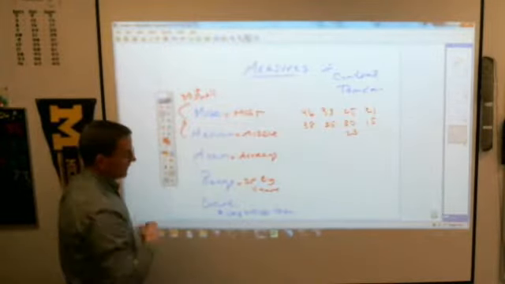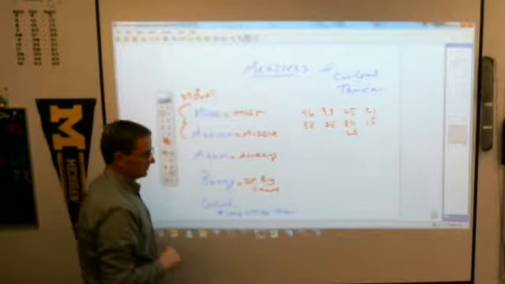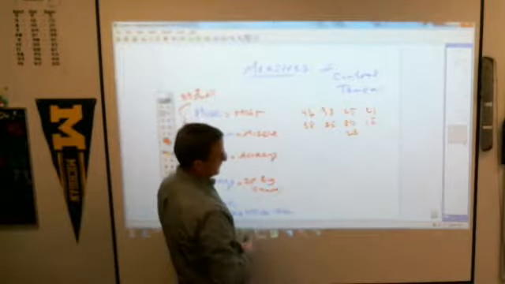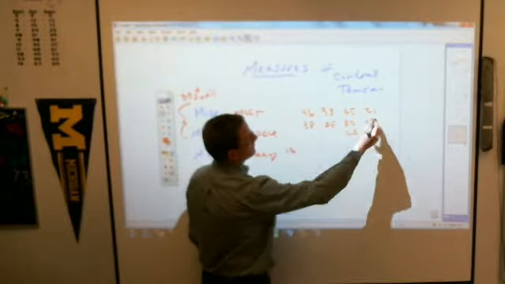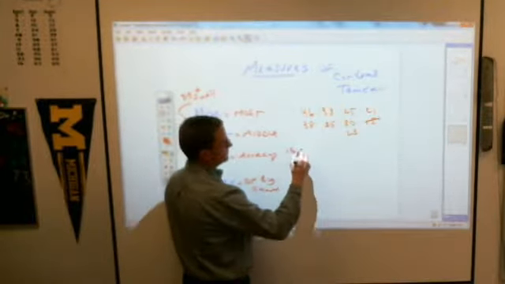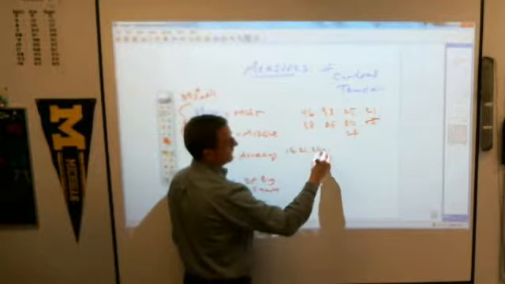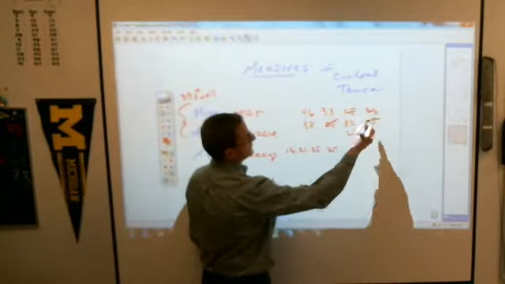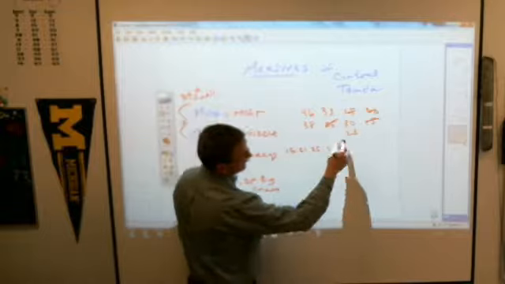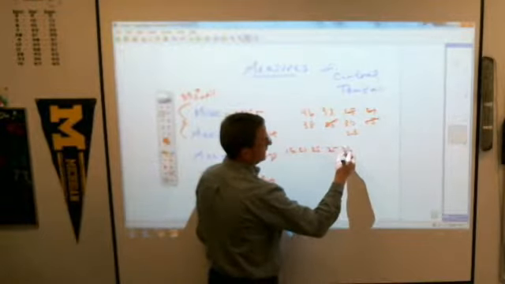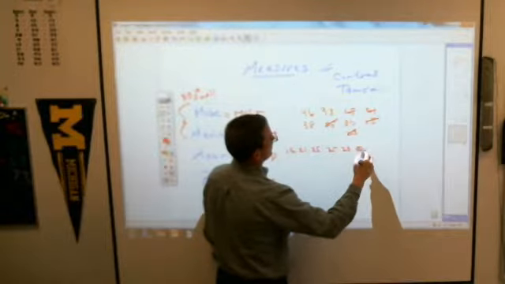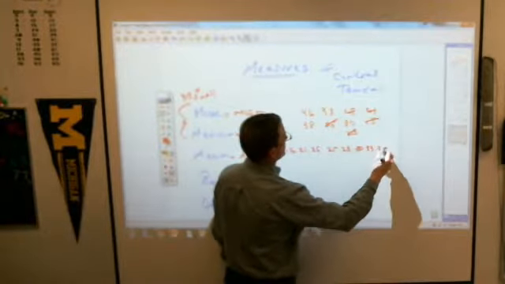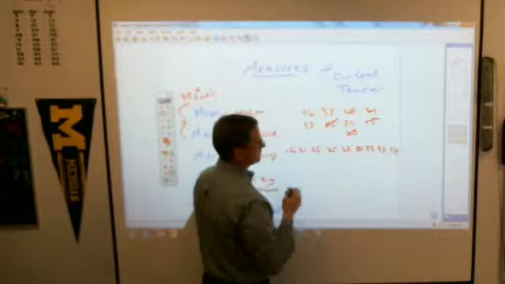You can either make a line plot or just number them out. It doesn't really matter. Here, what goes first? We've got 15, 21, two 25s, 28, 30, 33, 38, and 46.